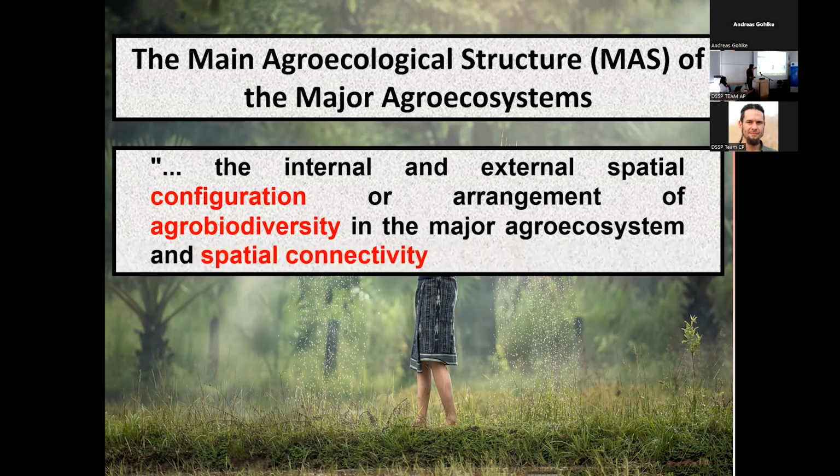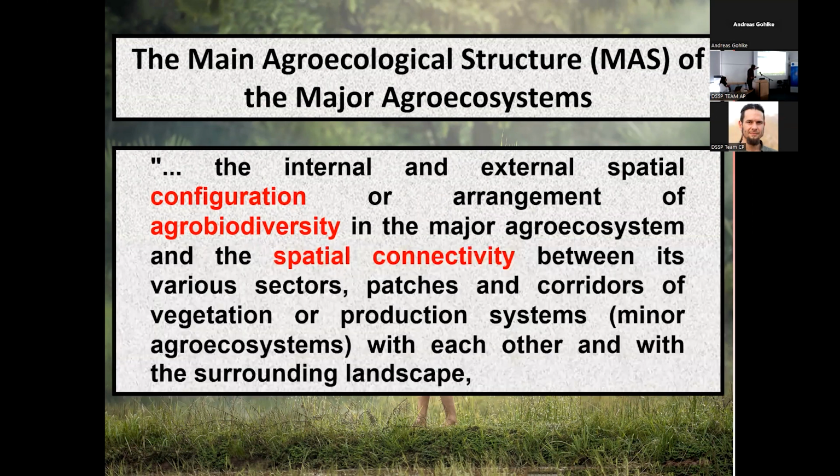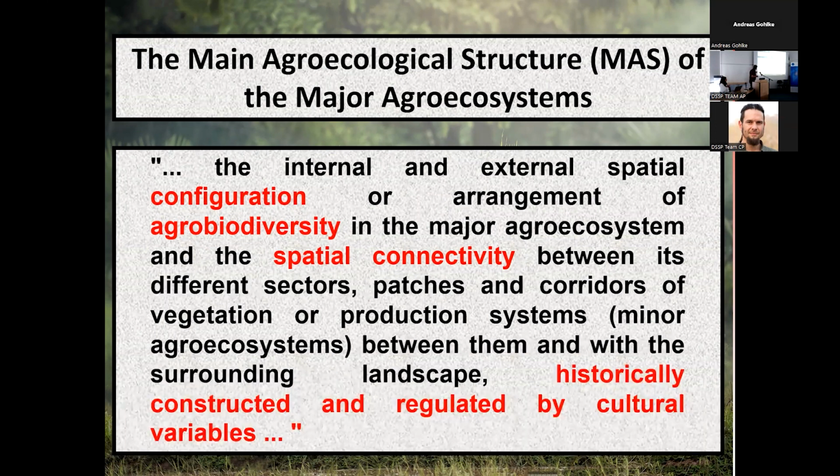In the major agroecosystem, and spatial connectivity between its various sectors, patches, and corridors of vegetation or production system with each other and with the surrounding landscape, historically constructed and regulated by cultural variables. It means it is complex. The main agroecological structure is a complex concept.